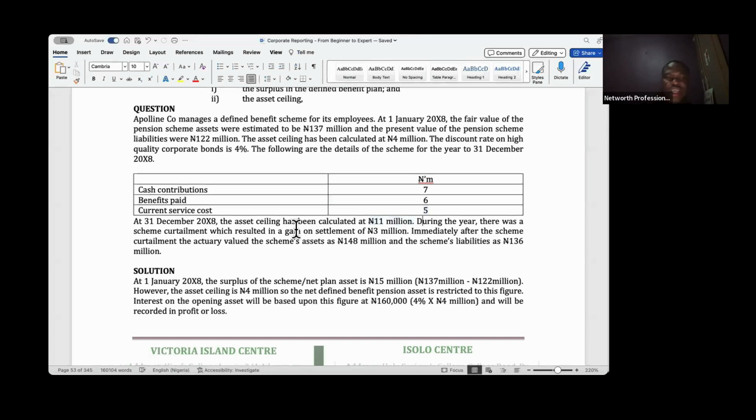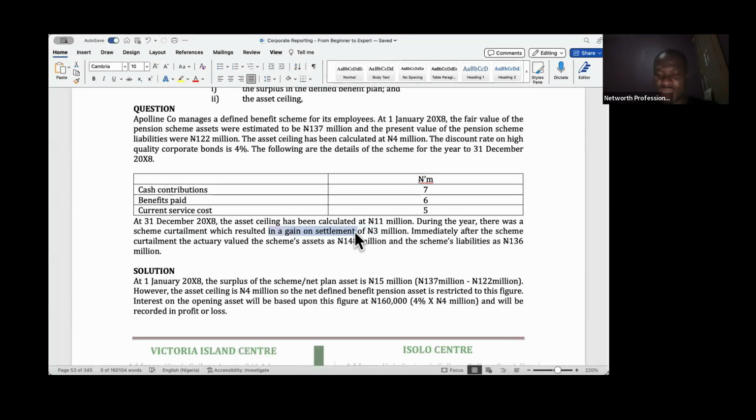Then during the year, there was a scheme curtailment resulting in a gain on settlement of 3 million. And for you to have a gain, it means that your obligation will have been higher than your asset by 3 million when there was settlement. You know, whenever there is curtailment, there will be settlement. Now, this question is giving us a gain directly.